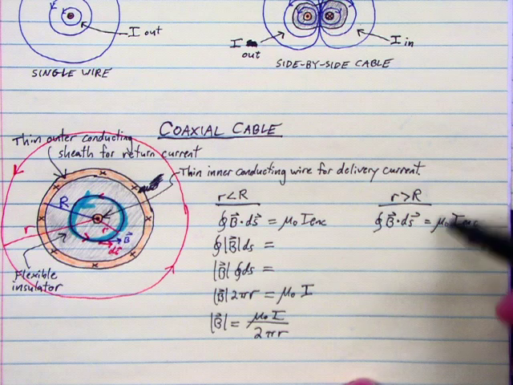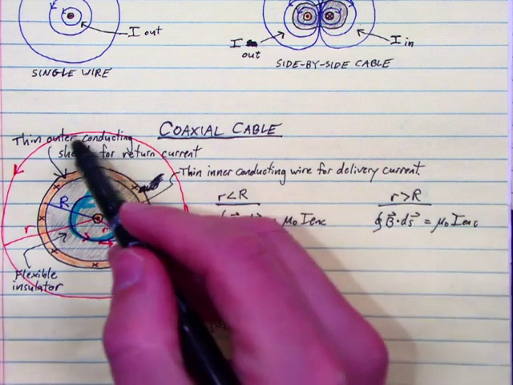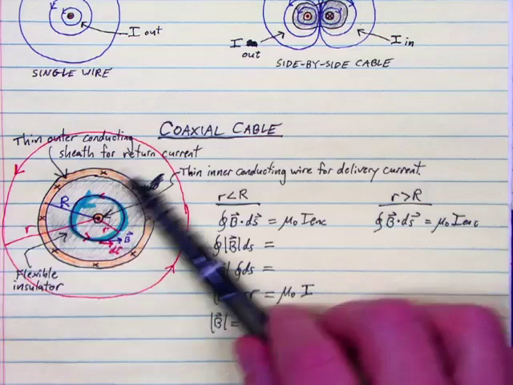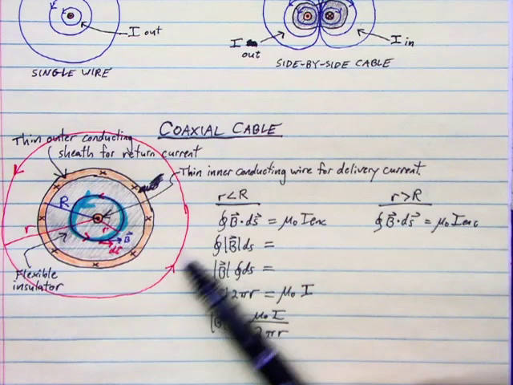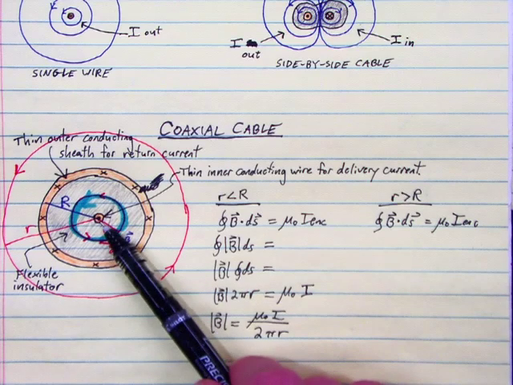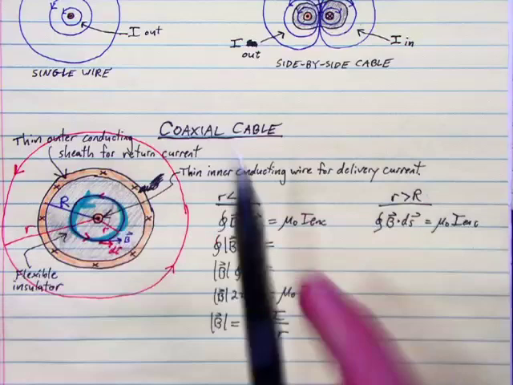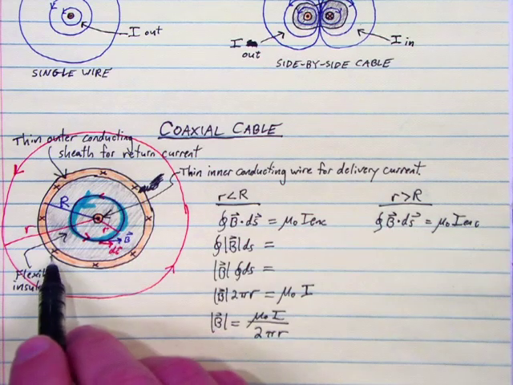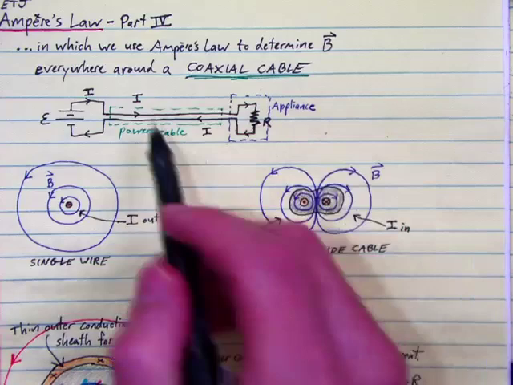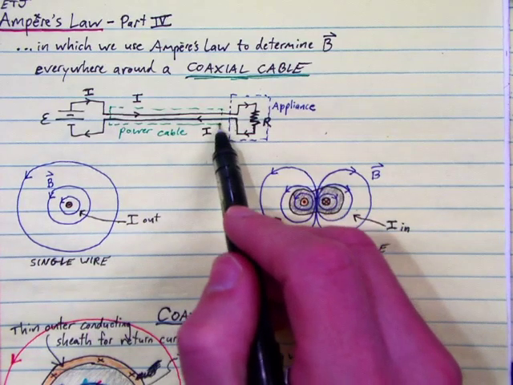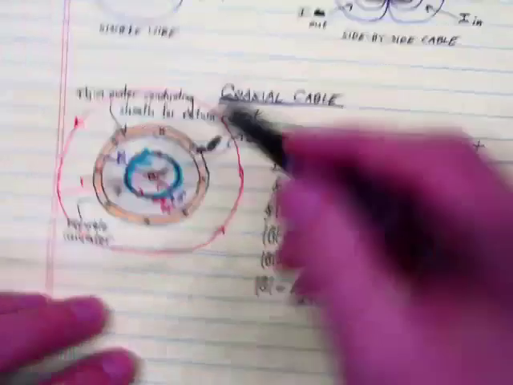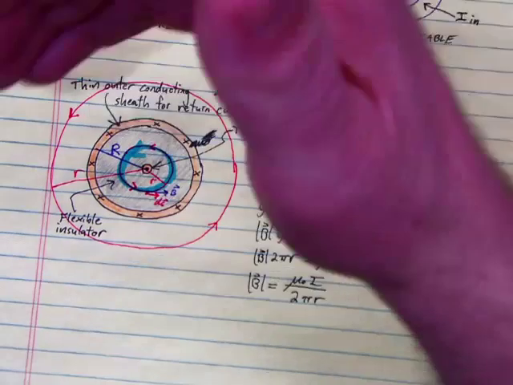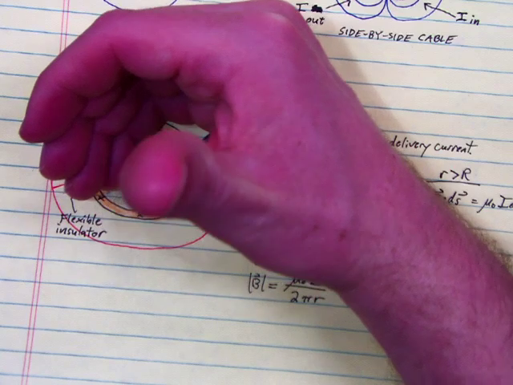And this time focus first on the right-hand side, the current enclosed inside this big Amperian loop. So all the current penetrating through this open surface bounded by our loop. Well, that'll include the current on the inner wire, that plus I coming out, and also the currents going into the page through the outer sheath here. Now, if the current being delivered is the same as the current returning, then the total current coming through the outer sheath is also I, but it's going into the page, which by right-hand rule is our negative current direction.